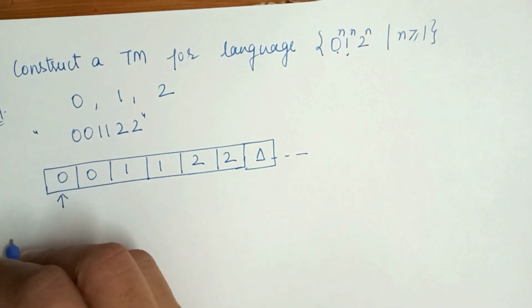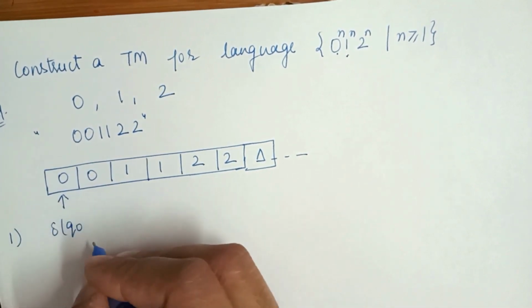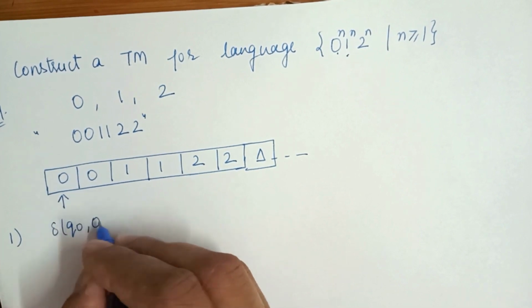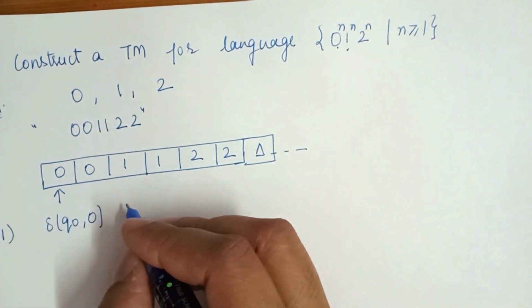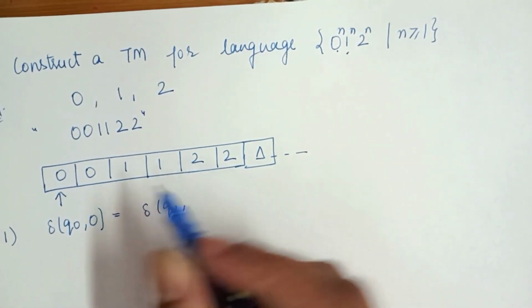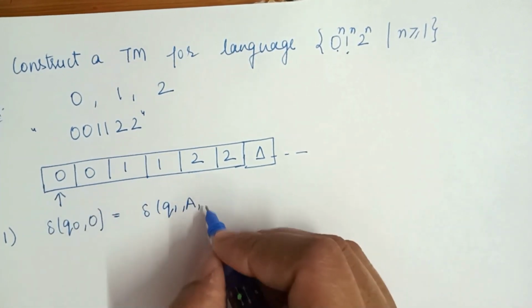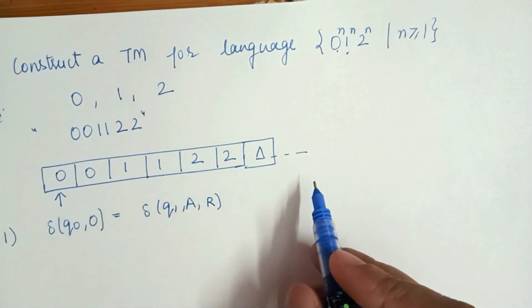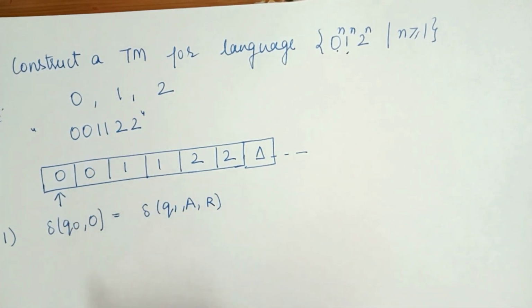The first move is: we are in the Q0 state reading 0, so it will go to the next state, that is Q1. This 0 is replaced by capital A and we move to the right of the input tape, searching for the number of 1s and the number of 2s.